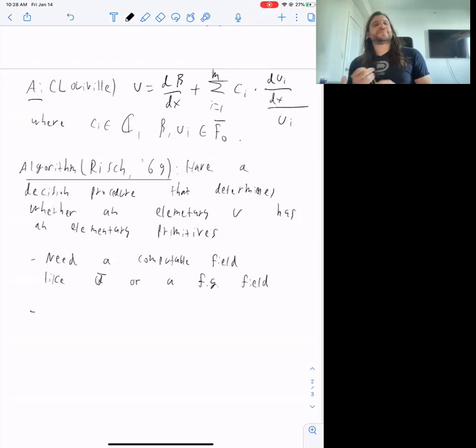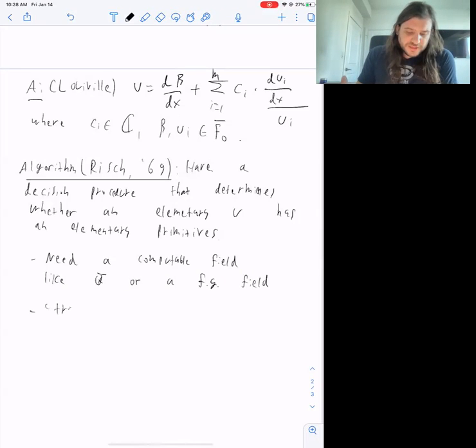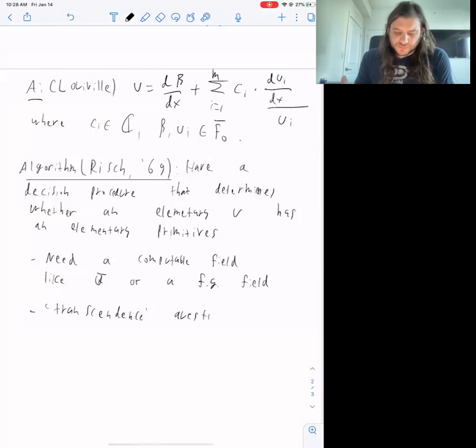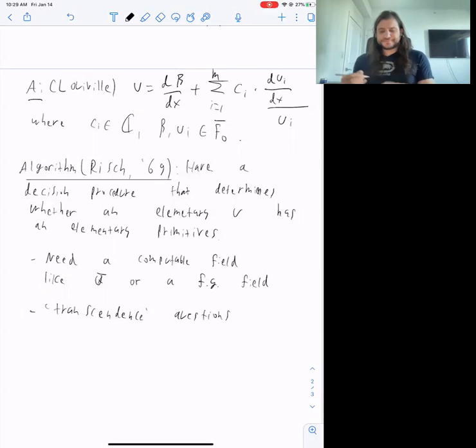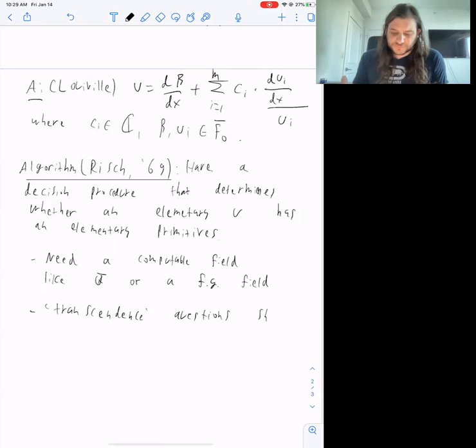And secondly, there are certain questions in essentially transcendental number theory that show up. So if you're dealing with arbitrary elementary functions, then transcendence questions show up. Such as, is e to the e algebraic?